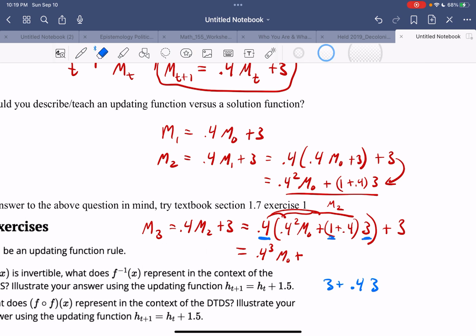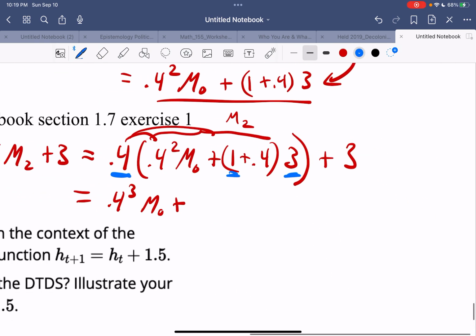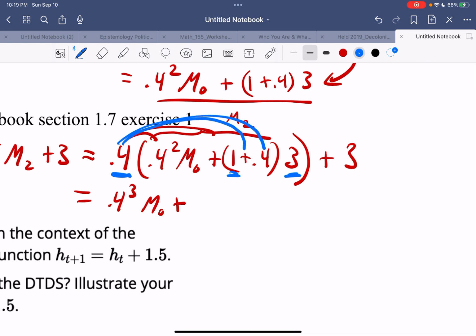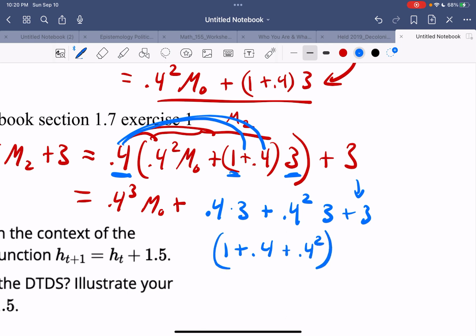Oh, I feel like I should just write it out. Sorry, let me just write this out. Okay, let's look at what we have. I'm going to distribute the 0.4. It goes here, it goes here. I have 0.4 times 3 plus 0.4 squared times 3. And then this 3 right here is another 3. But I'm going to think of this as 1 plus 0.4 plus 0.4 squared, times 3.